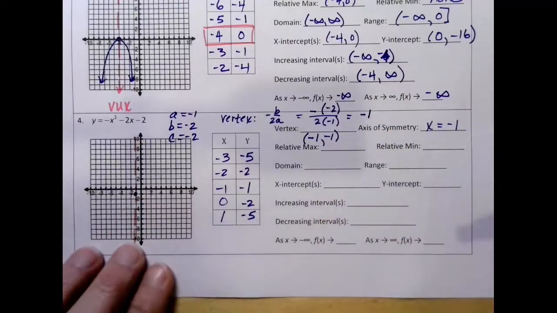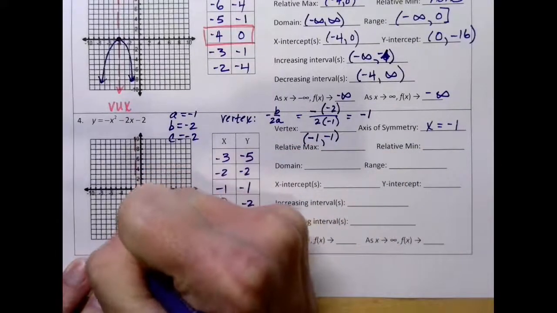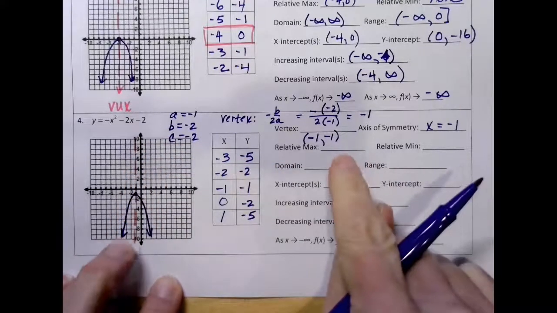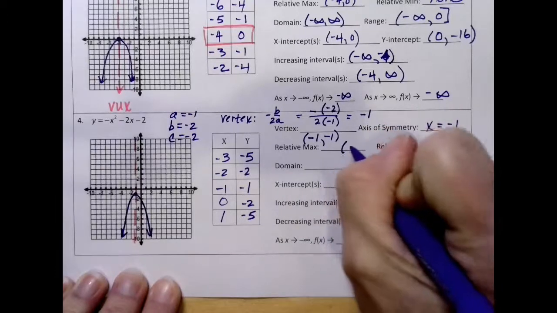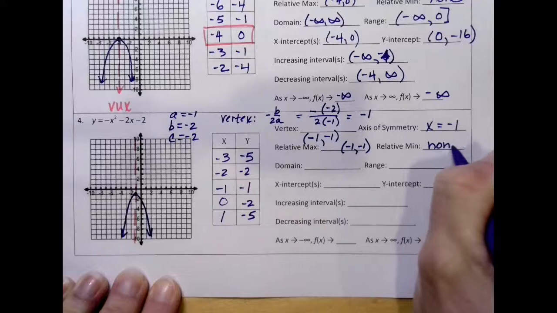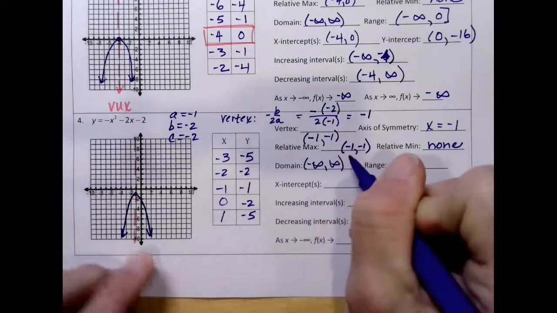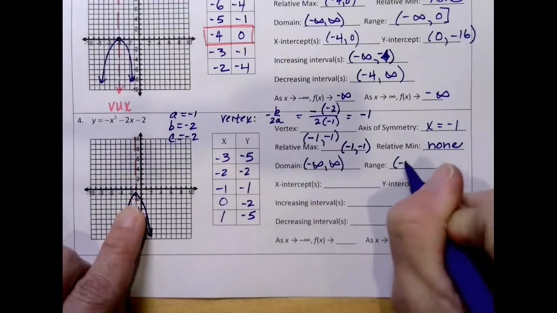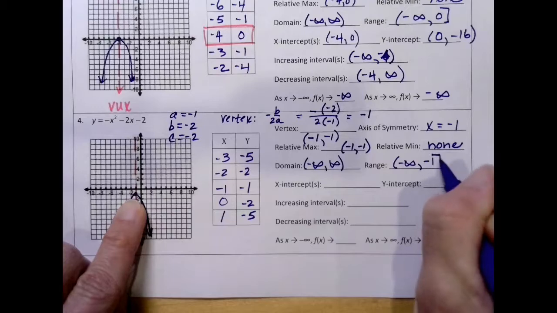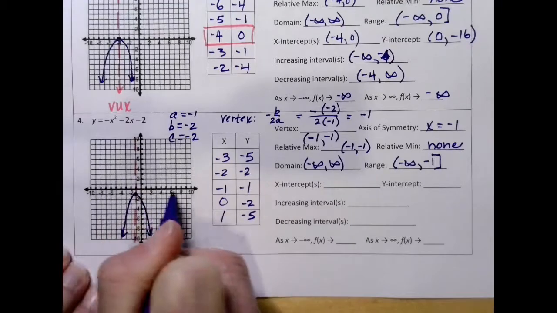And my graph, remember, is down like a frown because of my negative leading coefficient. So my maximum is going to again be my vertex. My minimum is going to be none.